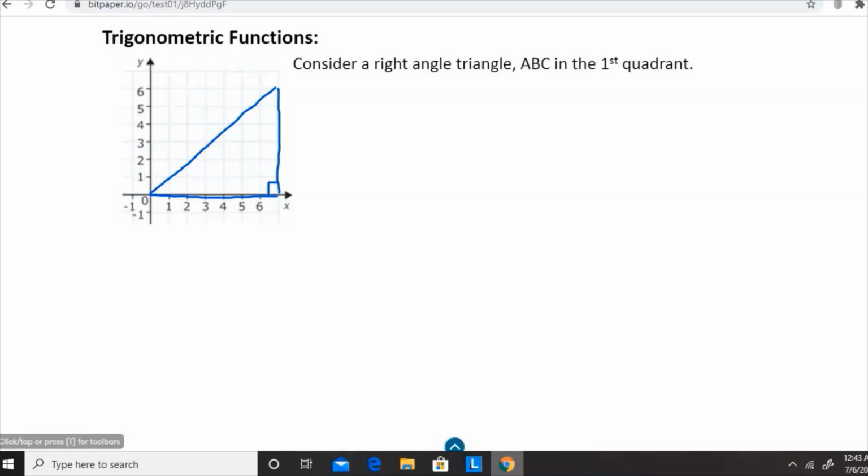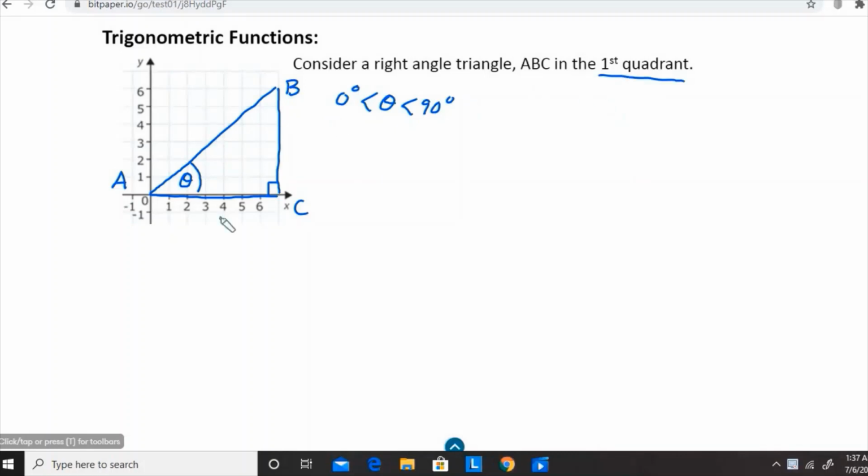And I'm going to name it, let's say A, B, and C. Okay, and then let me define this angle. You can see positive x-axis. This is the first quadrant. So this angle, this is theta degrees. And you can see from the geometry, this theta has to be less than 90 degrees and it should be greater than 0 degrees because it's in the first quadrant.